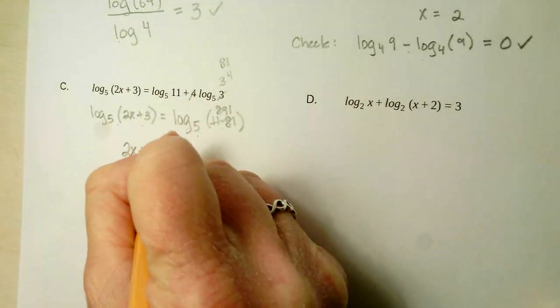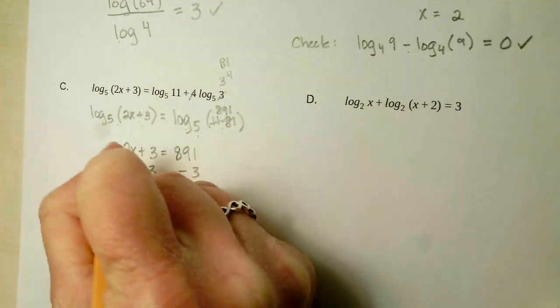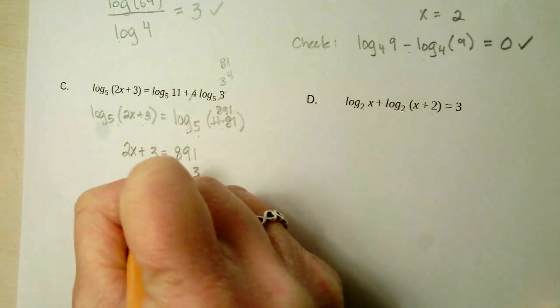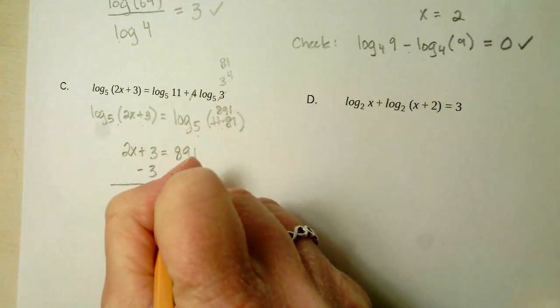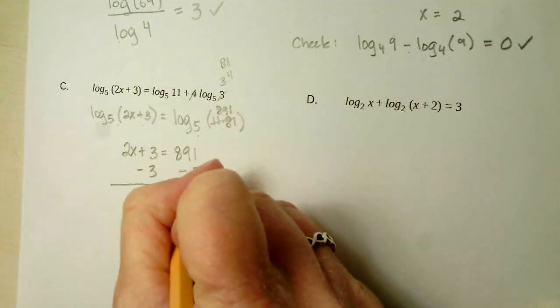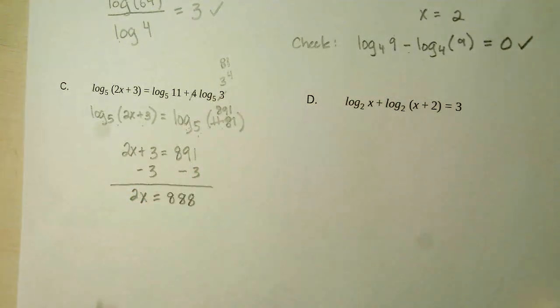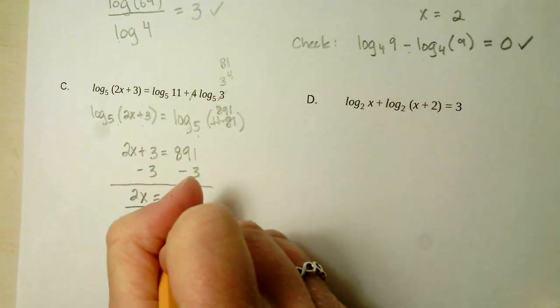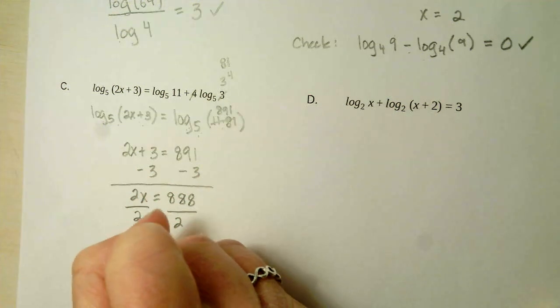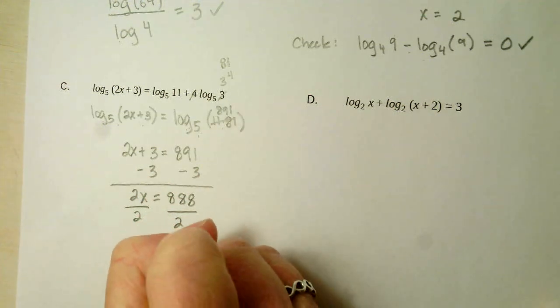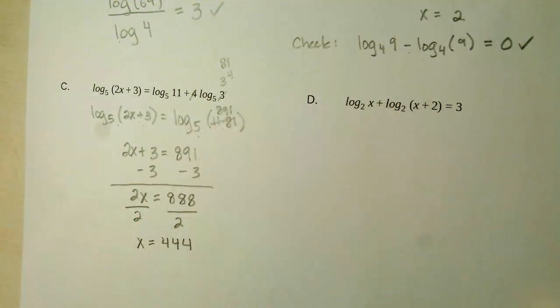I'm going to subtract 3 from both sides. I'm going to get 2x is equal to 888. And then I'm going to divide both sides by 2 to get x equals 444.